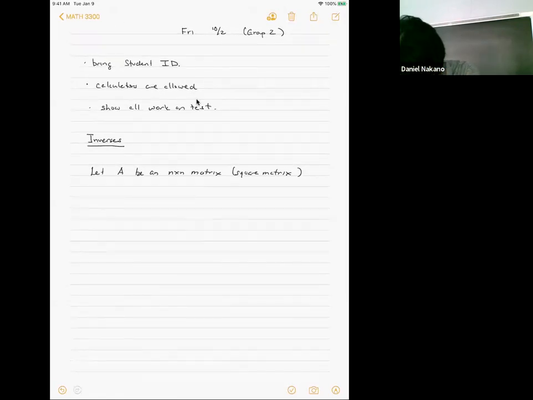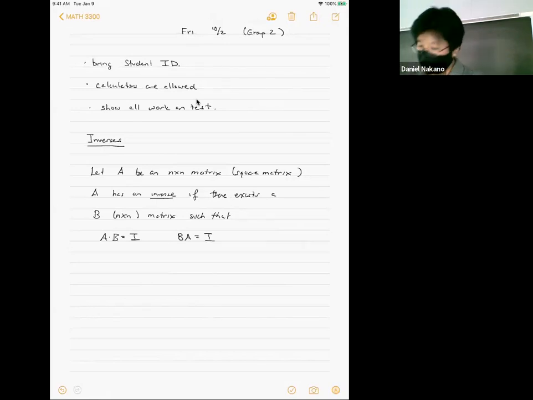So A has an inverse if there exists B, which is also an n by n matrix, such that when I take the product of A times B, I get the identity, and vice versa: B times A is the identity.